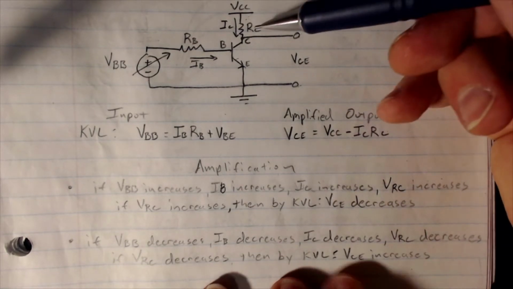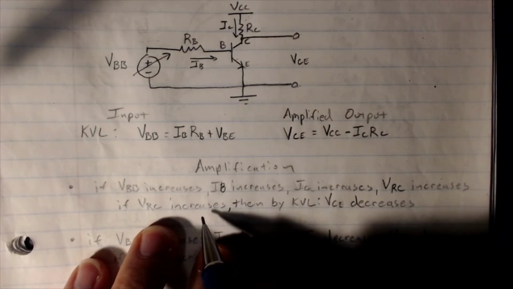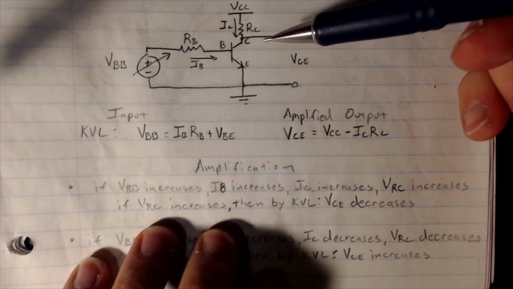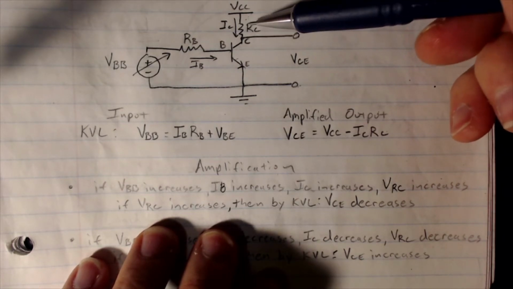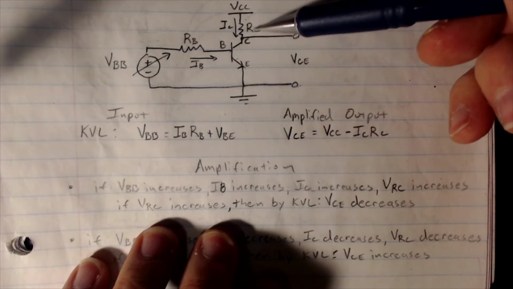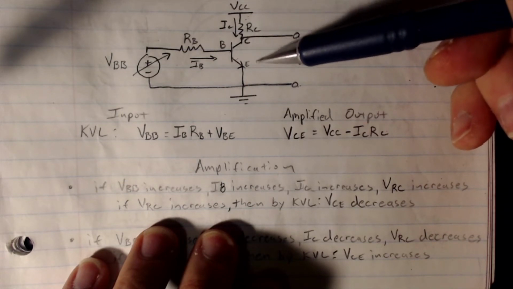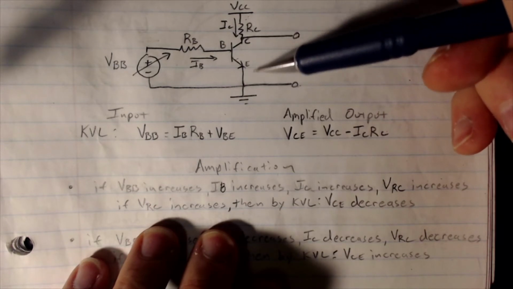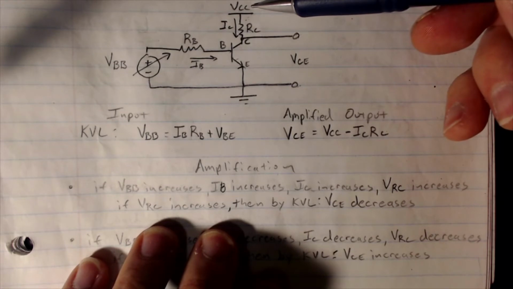Now, what happens if VRC increases? What's going to happen to VCE? Well, notice if my voltage drop across this resistor goes up, then my voltage between the collector and emitter must go down, right? Because this value is constant. We have KVL that we have to satisfy.